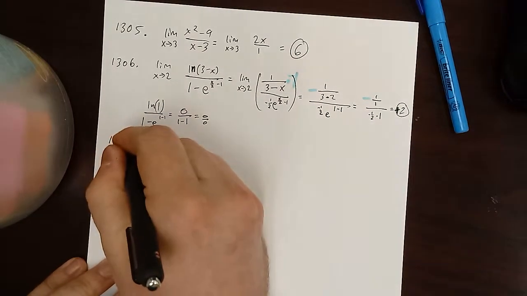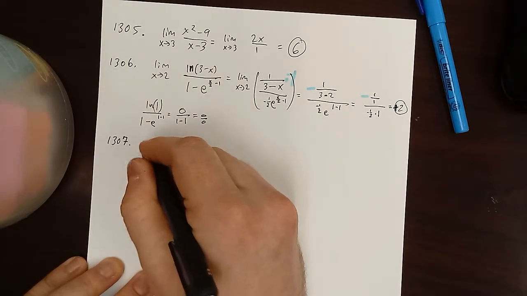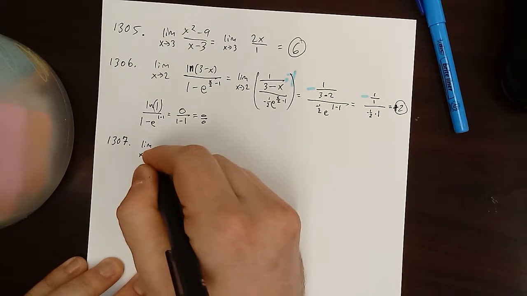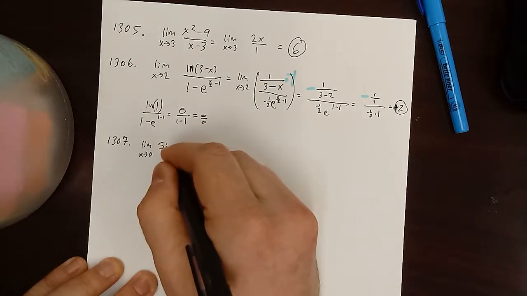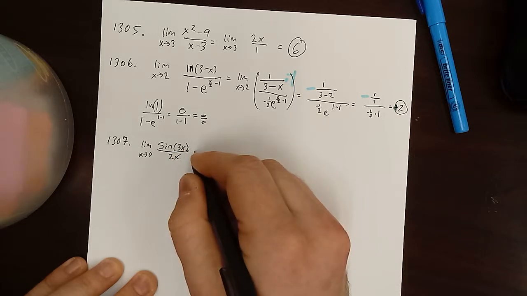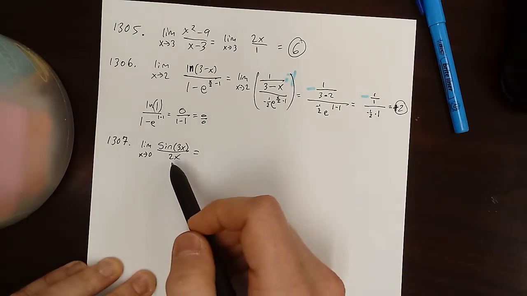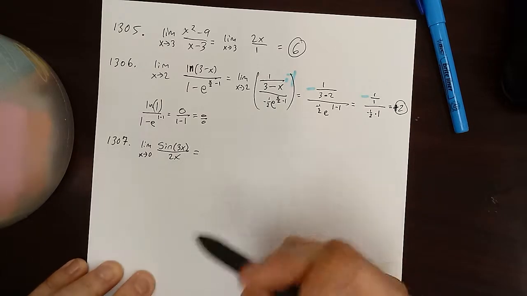Let's see, 1307. This is a good one. The reason I didn't say the last one was a good one is because it took forever. This one is very nice. Let's see, we plug in 0, we get sine of 0 over 0, so 0 over 0. Great.